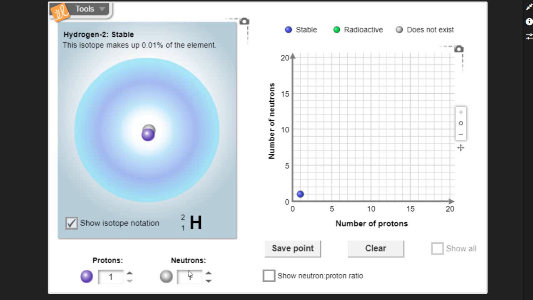An isotope is when the neutrons are different. I can have more neutrons. I can have less. Either way, I'm an isotope. Everybody with me? Okay. This is still stable. Look at that.